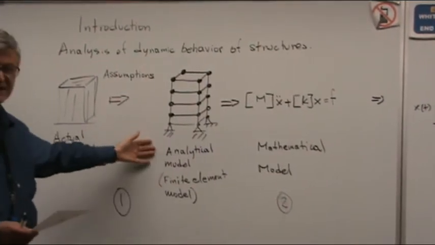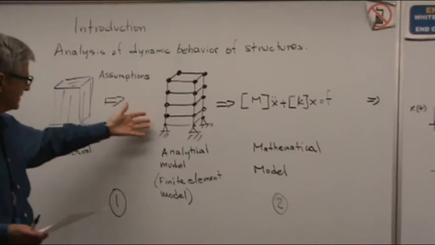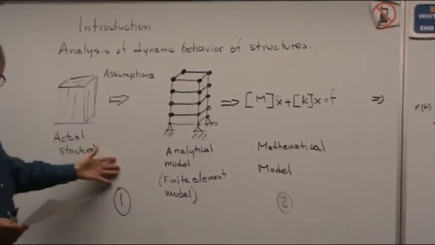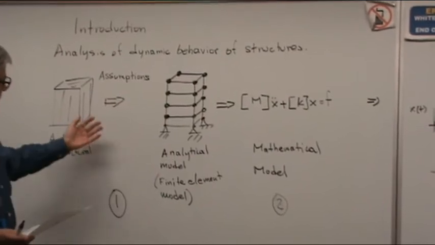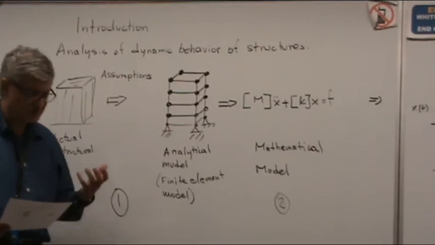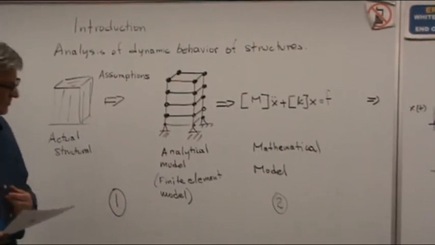This is a kind of an art. There's no theory that you can use. So you got to have good judgment, to think a lot, to make sure that you have something that is accurate and at the same time simple enough so that you can model it.